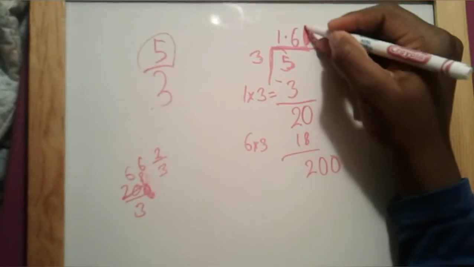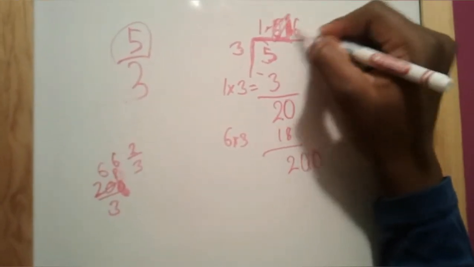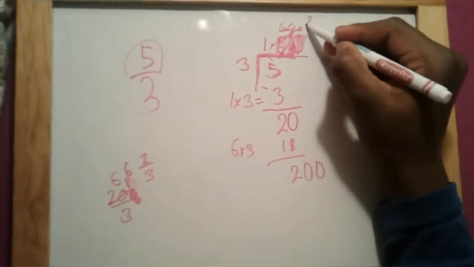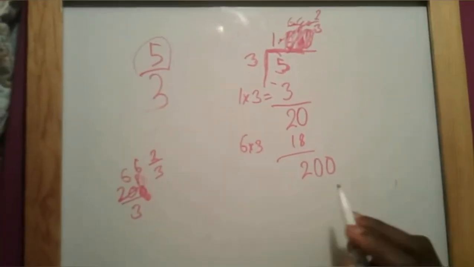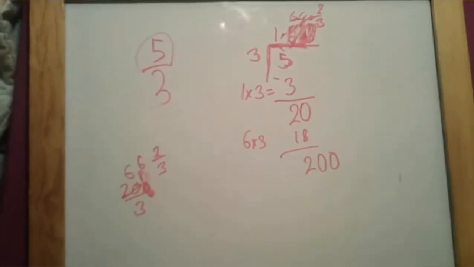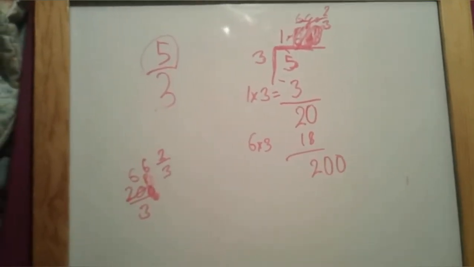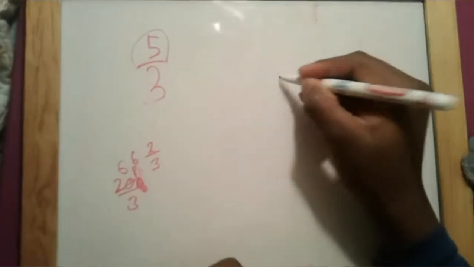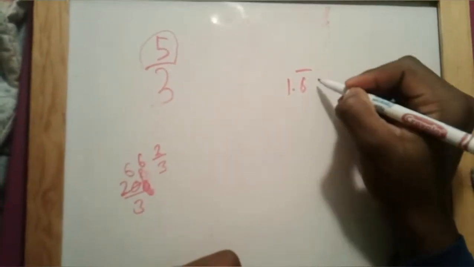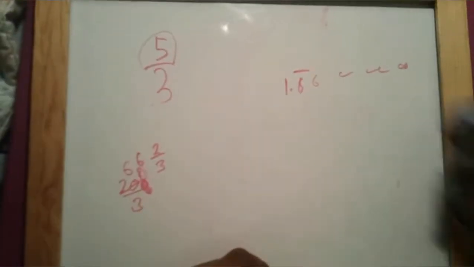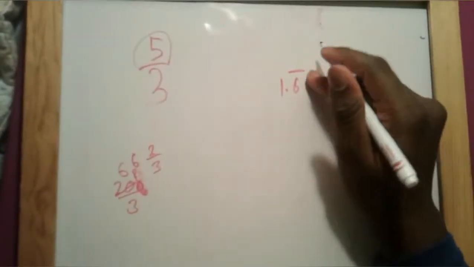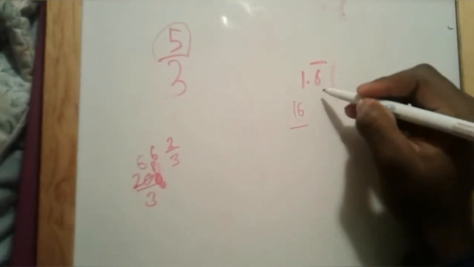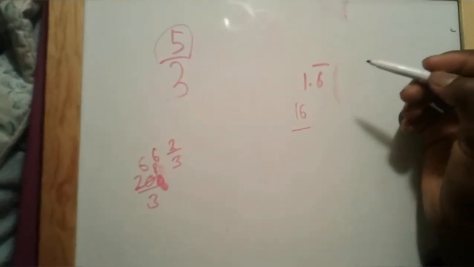Oh my gosh, that's a satanic number. And so it goes on, and it is always 1.6, like 1.666, going forever. So it's a repeating number, so I don't know what to do.